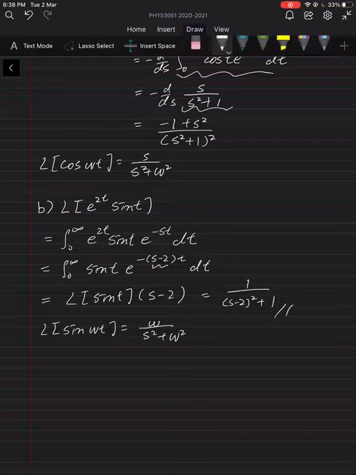So that is part B. Okay, is there any question about parts A and B? If not, then let's move on to question 2.